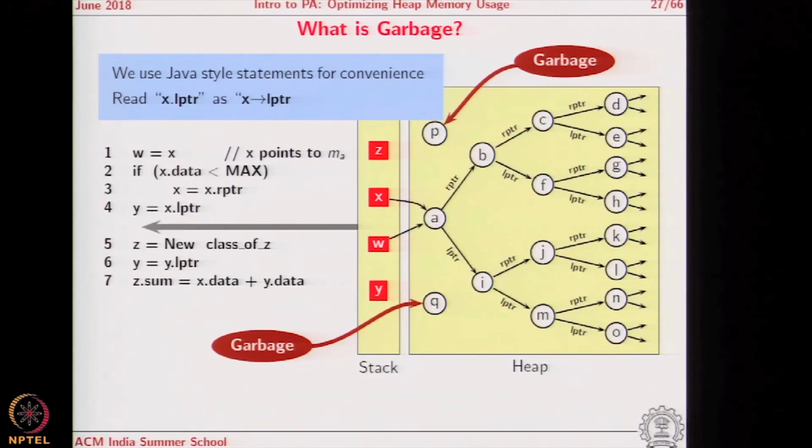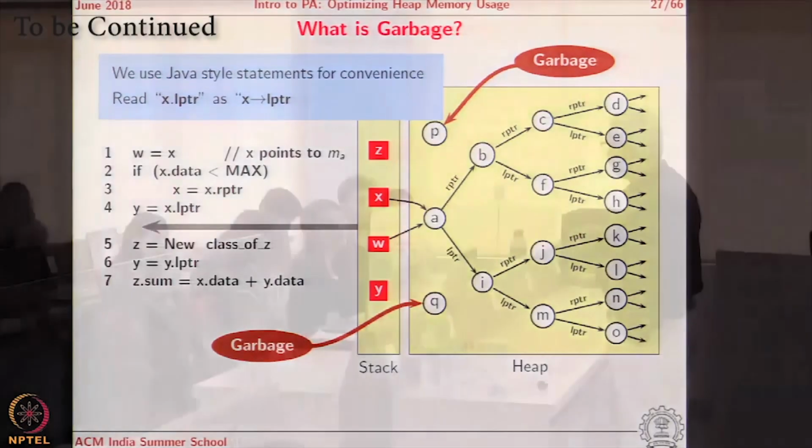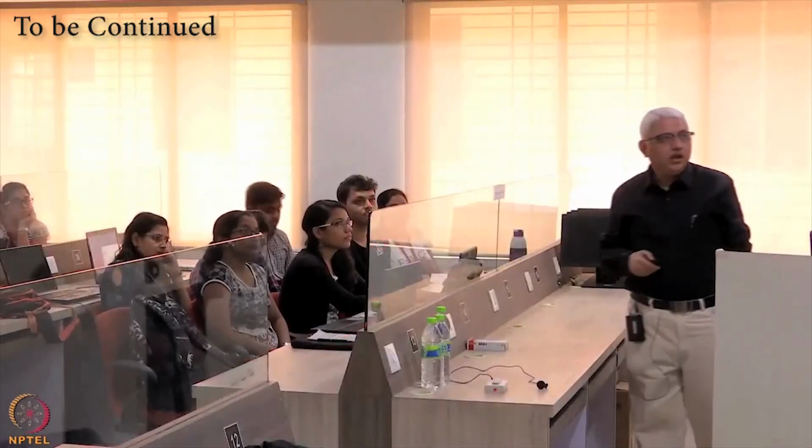Here we are looking at this program, and this is how the memory looks at this program point. W and X have been assigned, and we have some condition based on which this X pointer moves rightwards, and if we go by the standard textbook definition, the only garbage nodes are P and Q, because every other memory object is reachable from a program variable.